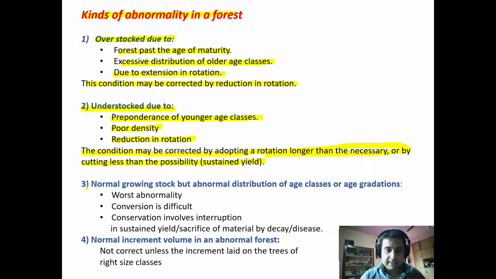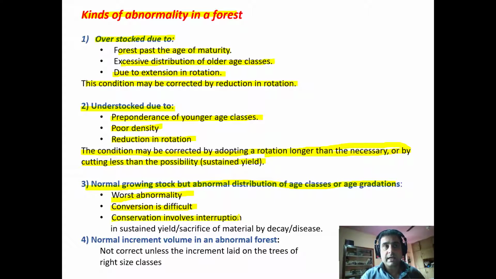Now the third thing is, the growing stock is normal, but the distribution of age classes or age gradations is not normal. This has been seen as the worst abnormality. Why? Because the conversion is very difficult in this, to have a regular series of age gradations, and the conversion involves interruption. You have to interrupt.